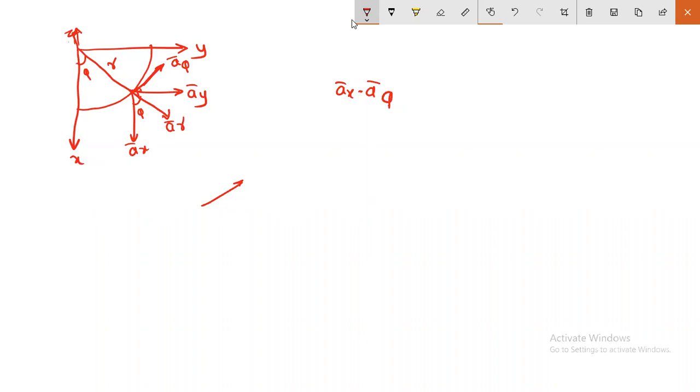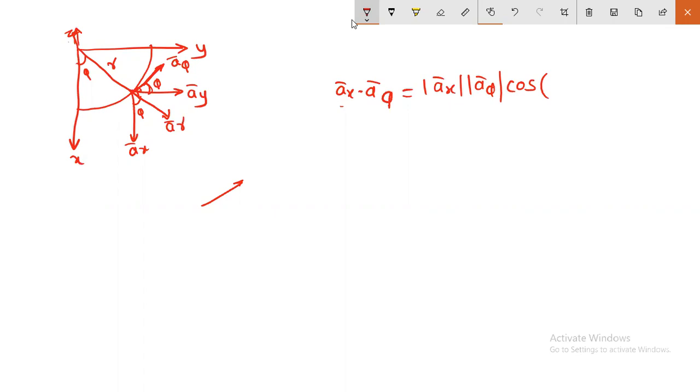So this angle will be phi here. So here the angle between x and phi we have to find, which is equal to mod of a bar x, mod of a bar phi into cos of.